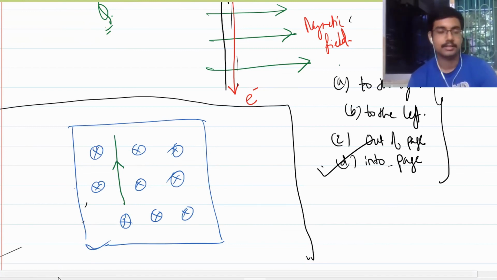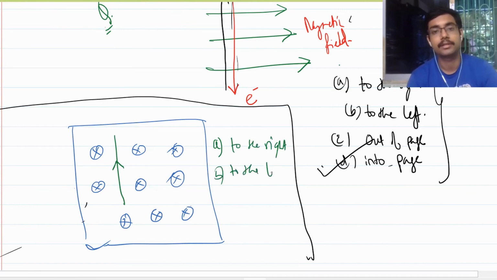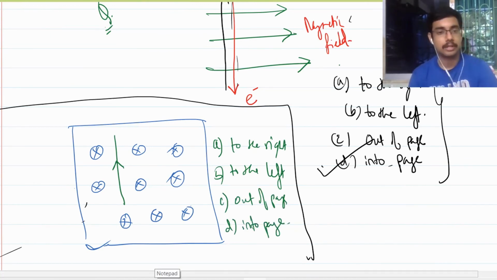Can you tell me in which direction the force will act on this? To the right, to the left, out of page, into the page? Solve this.